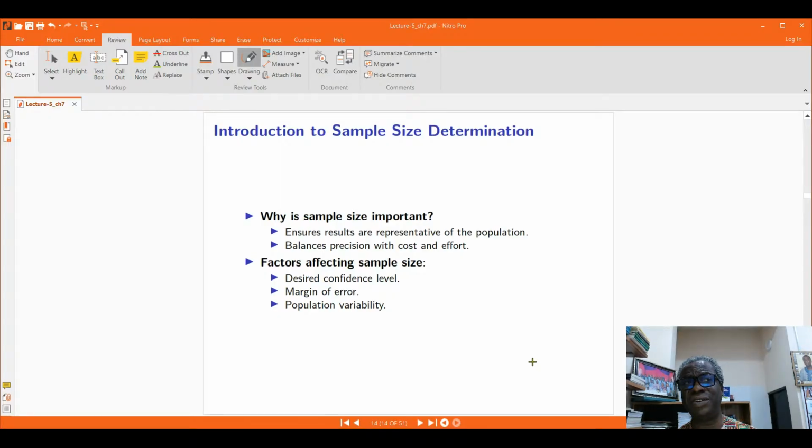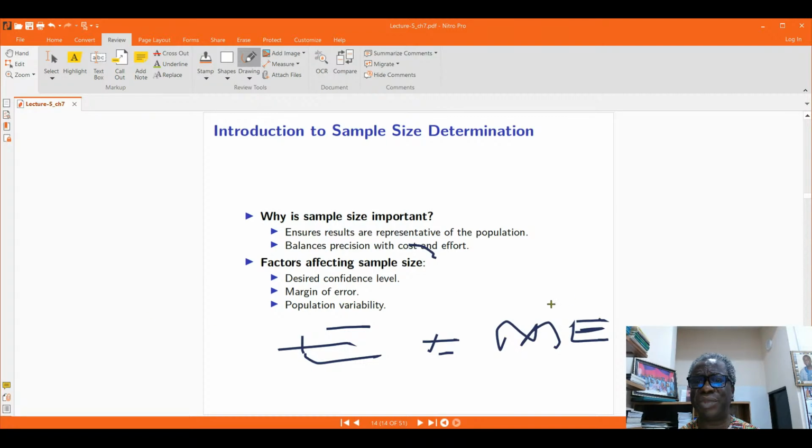So the range for a confidence interval is determined by the formula: estimate, if you recall, plus or minus the margin of error.